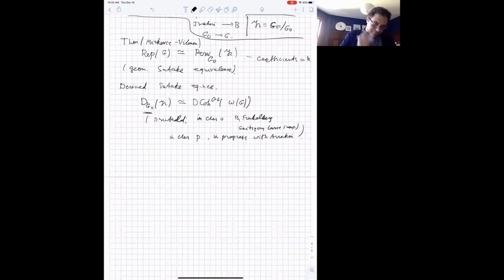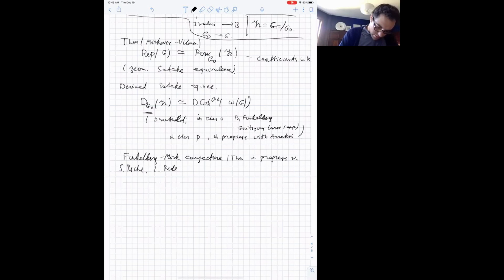And then another theorem is the so-called Finkelberg-Mirkovic conjecture, which is again a theorem, in progress with Simon Riche and Laura Rider.